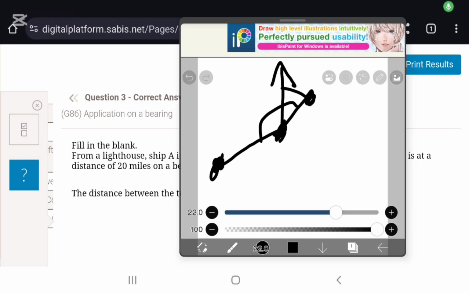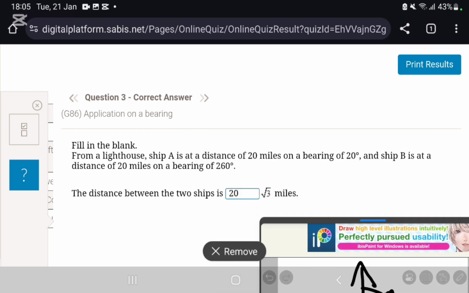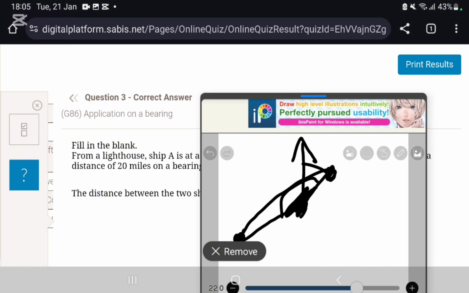Okay, so I fixed the drawing because the angles were kind of off. So they want this distance. And we have this angle that I'm coloring right now, which is 100, right?